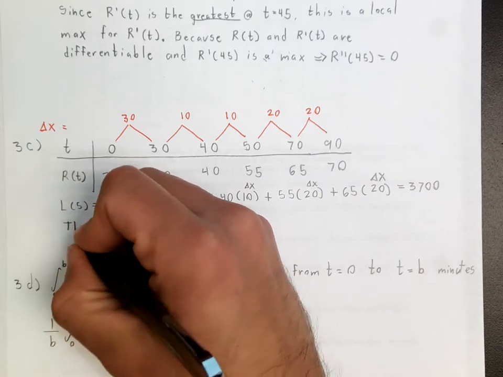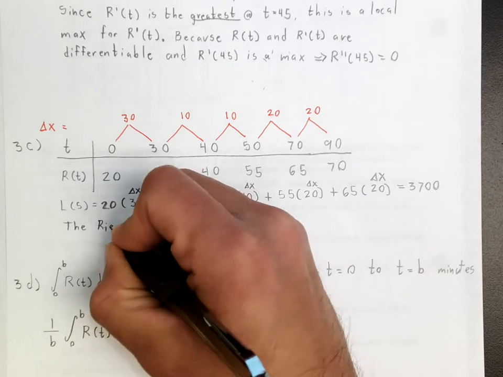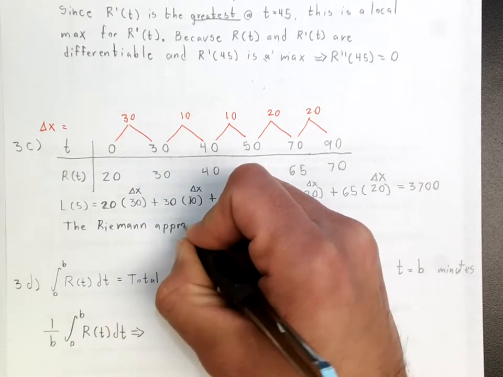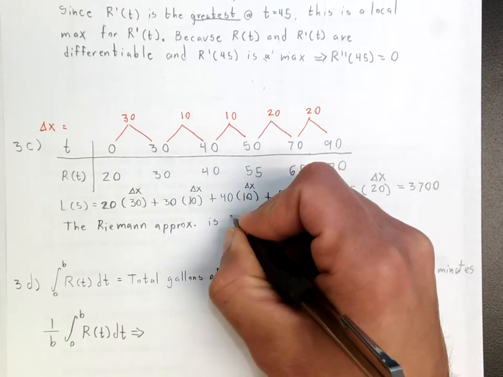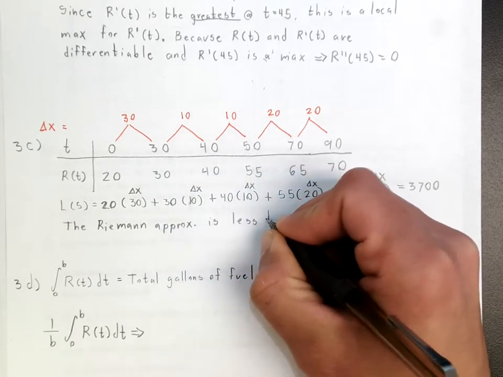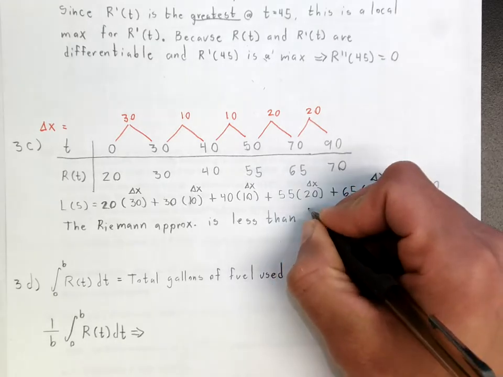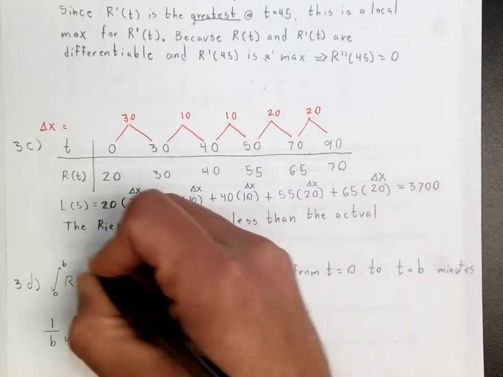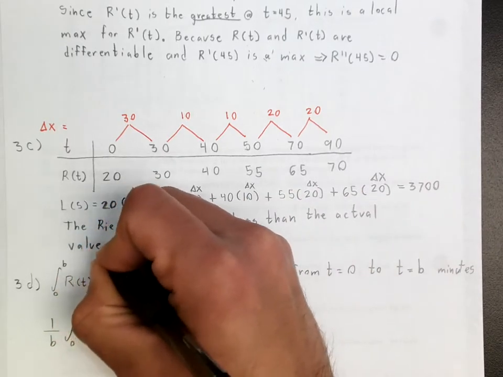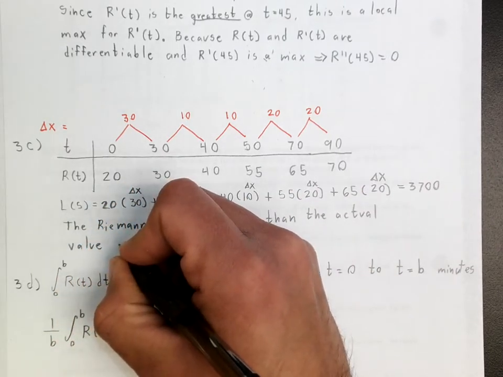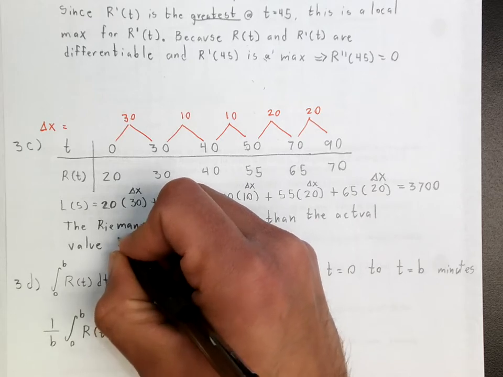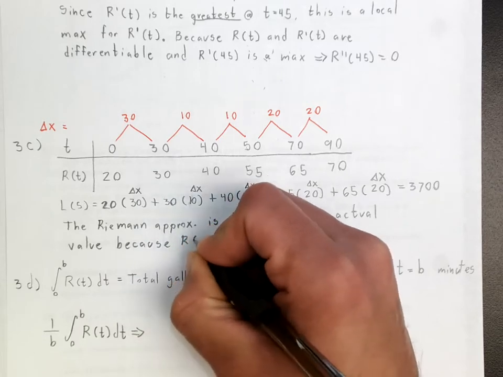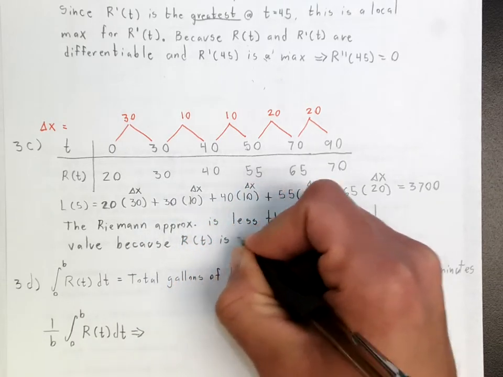So the Riemann approximation is less than the actual value because r of t is increasing. That's an increasing function.